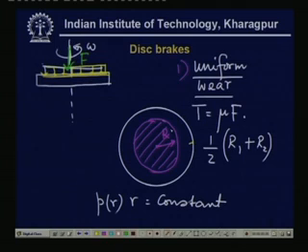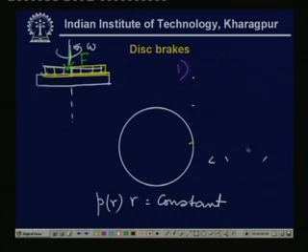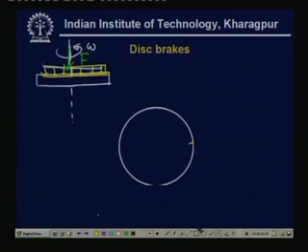There are other situations also, and normally in a modern vehicle we have a sector type pad, where the pad is not a full circle but may be a sector, where theta is roughly 60 degrees.